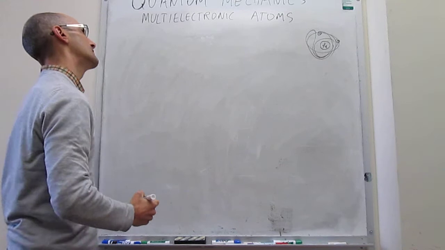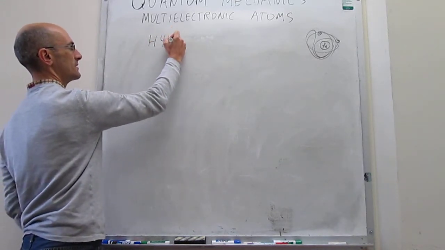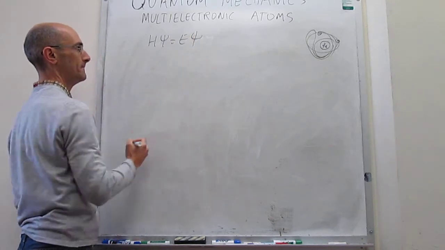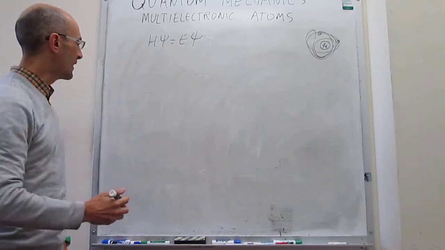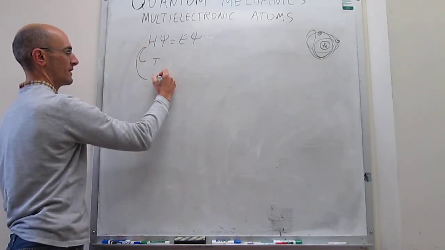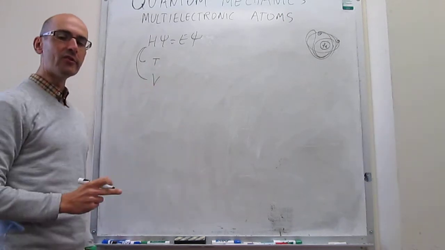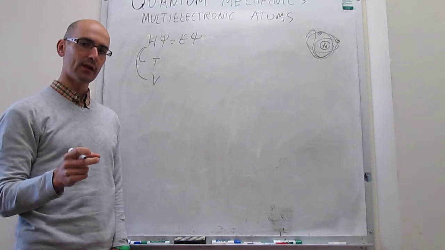To try to set up the Schrodinger equation for that system, what we would do is just write that expression and then think about the Hamiltonian operator. The Hamiltonian operator is going to have 2 terms, as always. It's going to have a kinetic energy term and then a potential energy term. Now the kinetic energy term has to take into consideration the motions of 2 electrons.